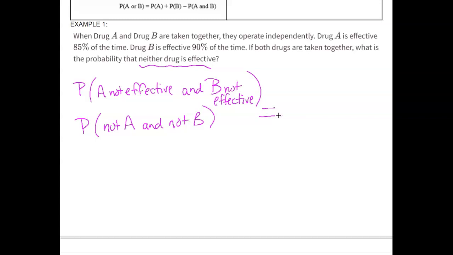So what we know is that drug A works 85% of the time. So what that means is A does not work. Well, if we take off 1 minus 0.85 is 0.15, okay?